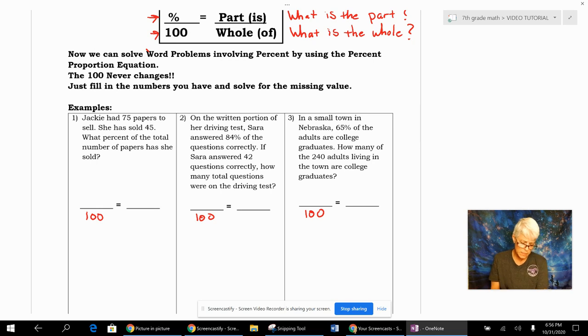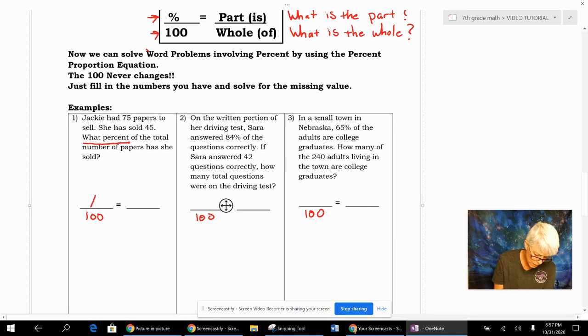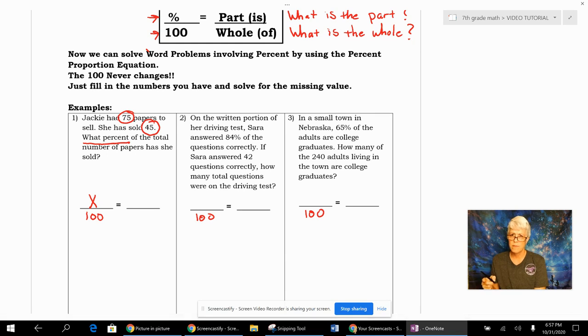Okay, this says what percent. So do I have the percent, or am I looking for it? I am looking for it. So I'm going to put the X over 100 because that's where the percent will go. So here's the question. What is the part and what is the whole? Now, most of the time, the smaller number is going to be the part. So if they give you both numbers, then you'll be pretty sure which one's the part and which is the whole.